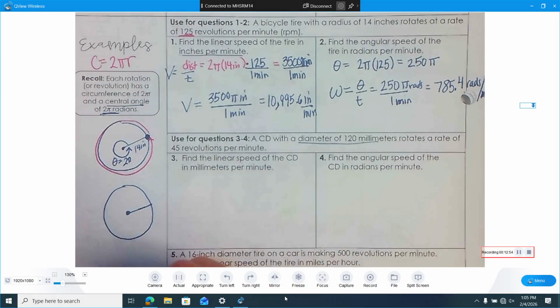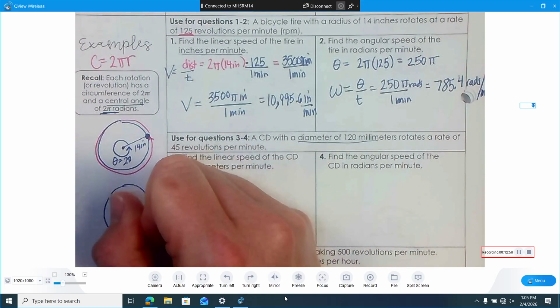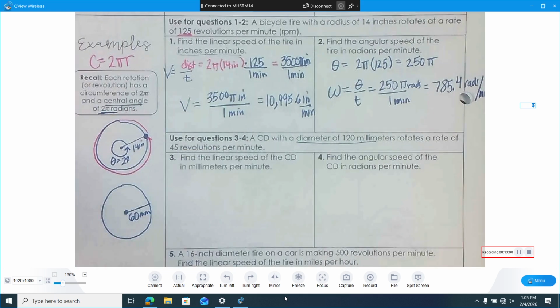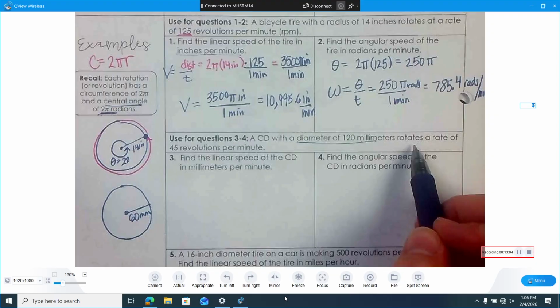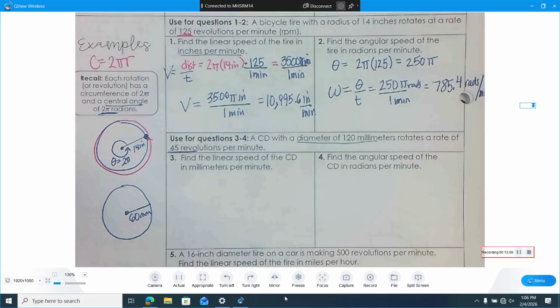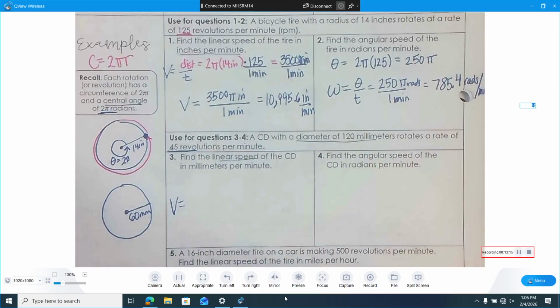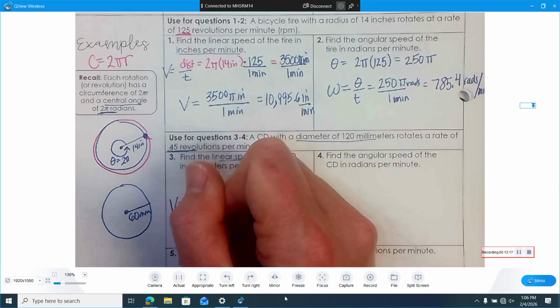What's the radius? 60 millimeters. Okay, 60 millimeters is our radius. And it rotates at a rate of 45 revolutions per minute. So we want to find the linear speed. The velocity is distance over time.